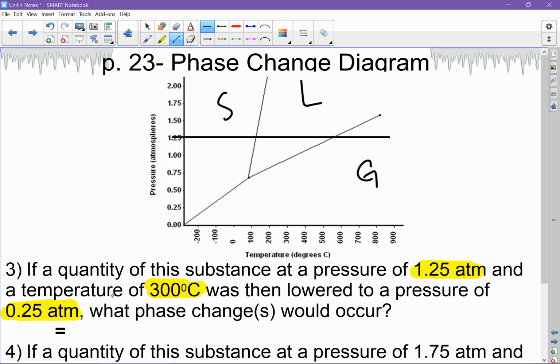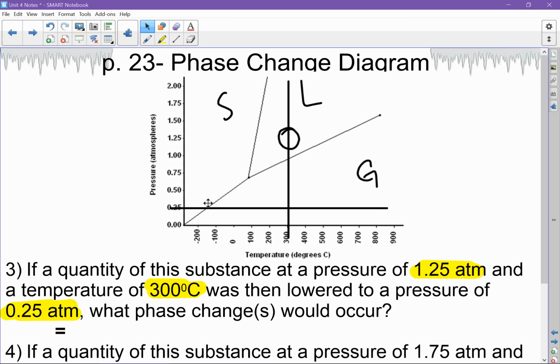And the temperature that I have is 300 Celsius. What that means is I'm starting up here in the liquid section. So the phase that I'm starting with is a liquid. But then it says that the pressure gets lowered to 0.25. So then I move down here to this section. That is the gas section. So we're thinking about our phase changes. We went from liquid to gas. The name of that phase change is vaporization.